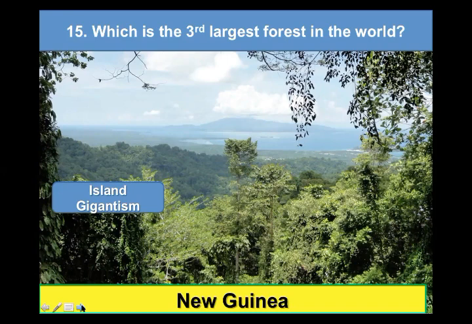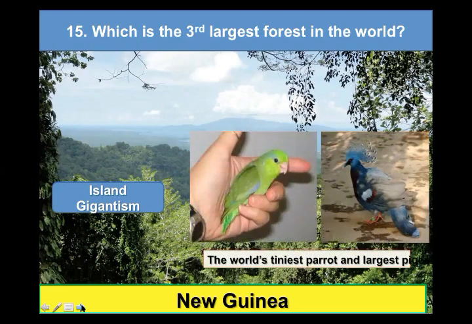The flora and fauna of this island indicate that Papua New Guinea is considered the best example of island gigantism, where you'll find the world's tiniest parrot, which you can keep within your palms, and also the largest pigeon in the world. That's why this highland country indicates island gigantism.